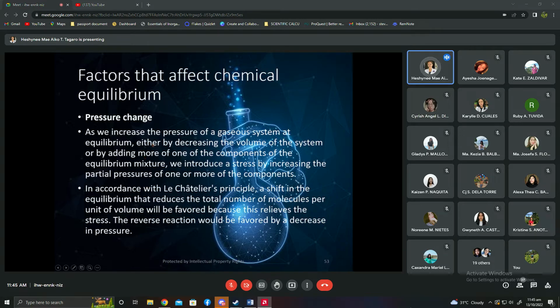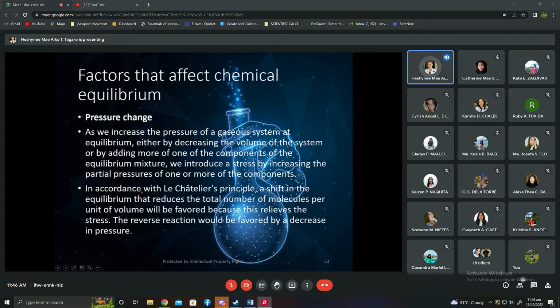As we increase the pressure of a gaseous system at equilibrium, either by decreasing the volume of the system or by adding more of one of the components of the equilibrium mixture, we introduce a stress by increasing the partial pressures of one or more of the components.